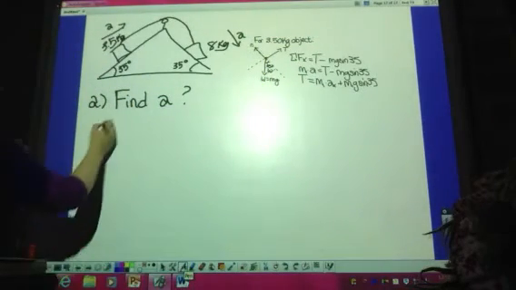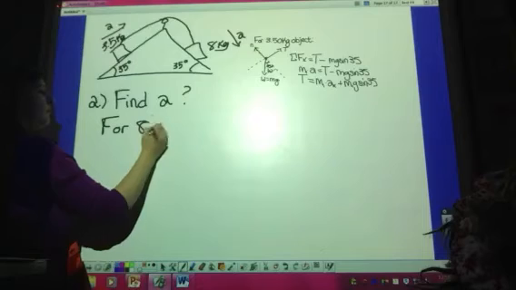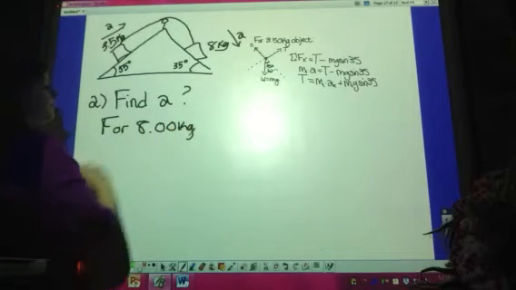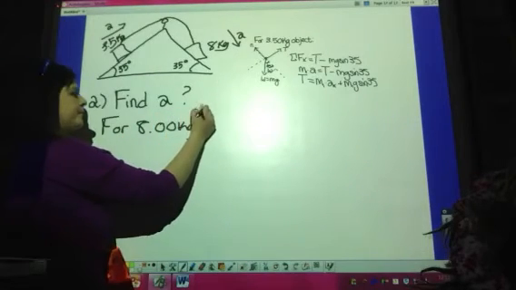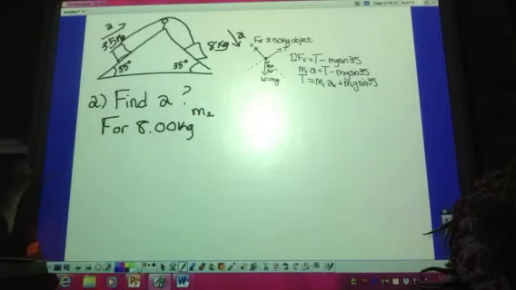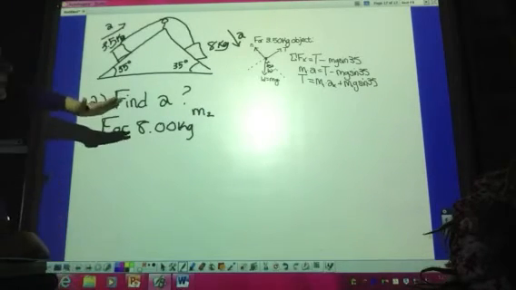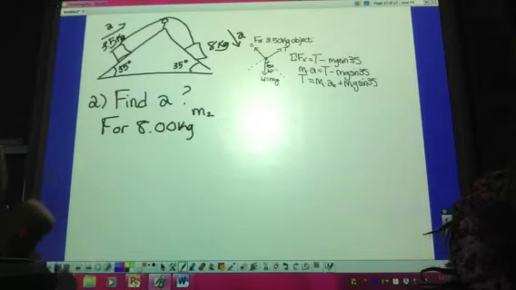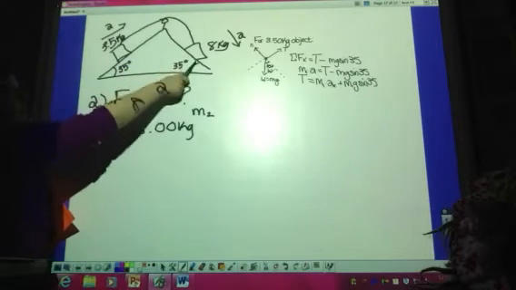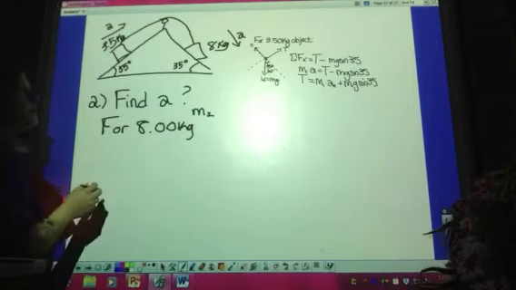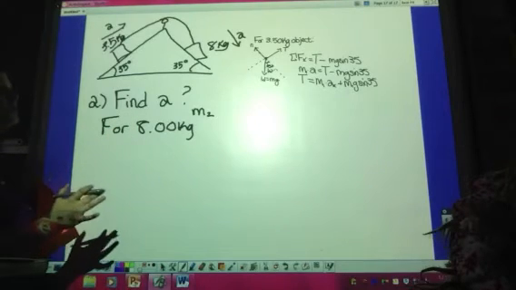Okay, for the 8 kilogram object, we'll just call that M2. I know I have pretty much the same free body diagram, but it's now just shifted over towards this direction. So it looks the same.